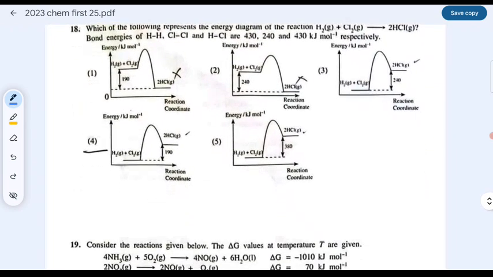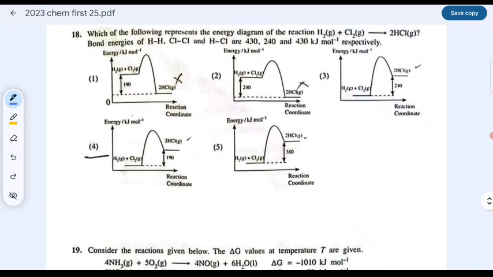Which of the following represents the energy diagram of the reaction H2 plus Cl2 gas giving 2HCl gas? Bond energies of H-H, Cl-Cl and H-Cl are given. So the bond dissociation energies are given, right? So how can you find the enthalpy for this?